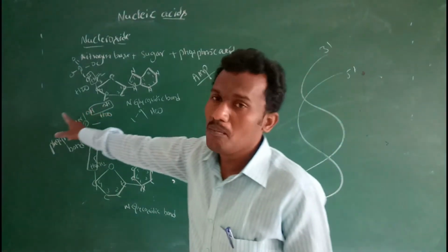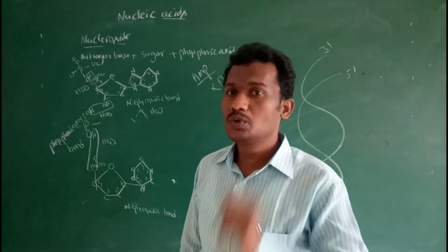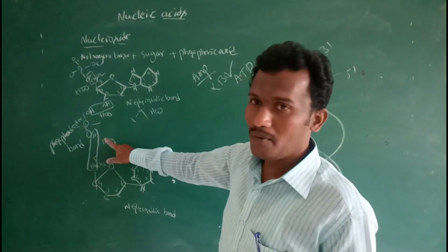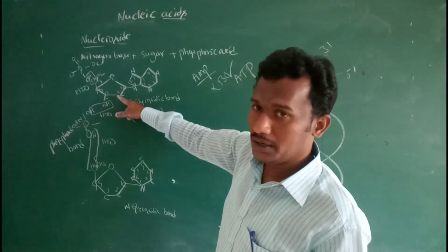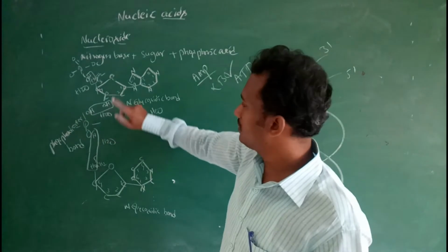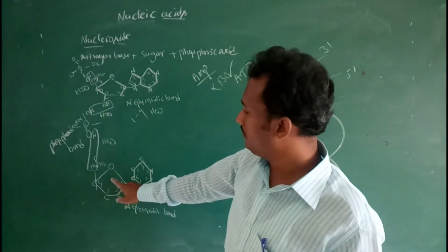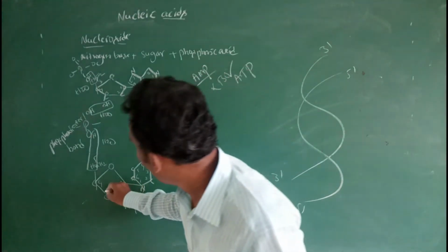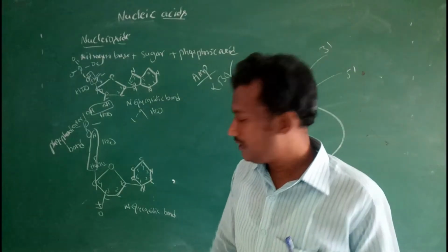This is known as a phosphodiester bond. Phosphodiester means 2 ester bonds. The same phosphoric acid joins with 2 neighboring pentose sugars at the 3rd and the 5th carbon positions. So here at the 3rd carbon position, an OH group is present.